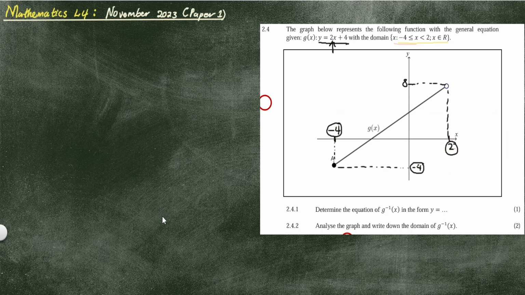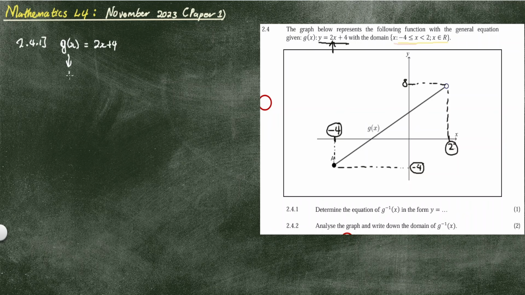All right, now 2.4.1. Determine the equation of g minus 1 of x in the form y equal to. Okay, so this is the original function. g of x is equal to 2x plus 4.